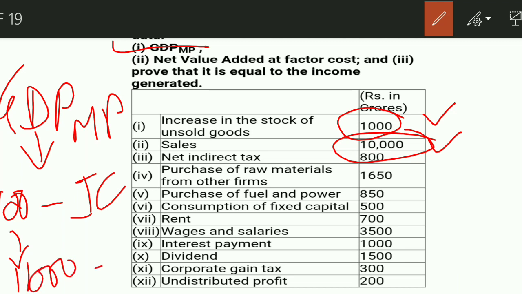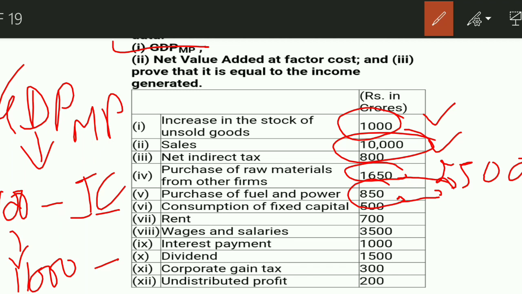Minus intermediate consumption. So intermediate consumption will include purchase of raw material from other firms, and purchase of fuel and power. It will include both these things. So it would be equal to 1,650 plus 850. If we add these together, we will get 2,500.